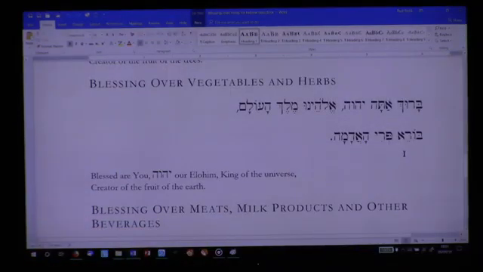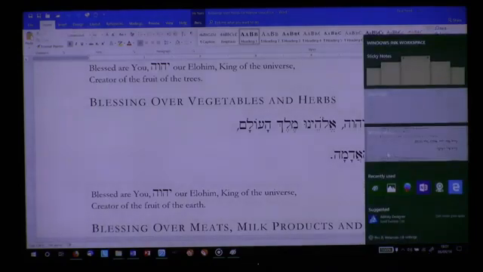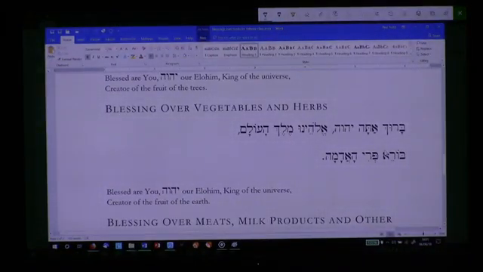Blessing over vegetables, we got borei, peri, fruit, ha'adamah. Vegetables and herbs, we know what the ha means, that's the. Adamah means dirt, earth, the stuff on the ground. Adam was called Adam because he was taken from adamah.